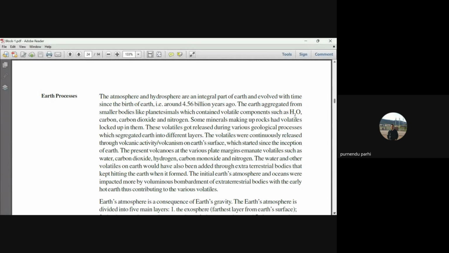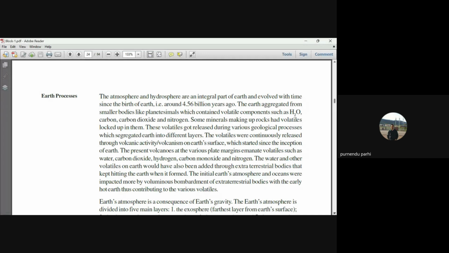The Earth aggregated from smaller bodies like planetesimals, which contain volatile components such as water, carbon dioxide, and nitrogen. Some minerals making up rocks had volatiles locked up in them. These volatiles got released during various geological processes which segregated Earth into different layers. The volatiles were continuously released through volcanism on the Earth's surface, which started since the inception of Earth.